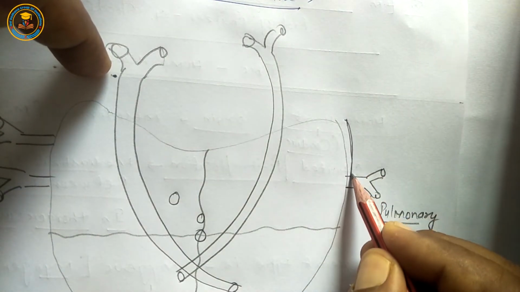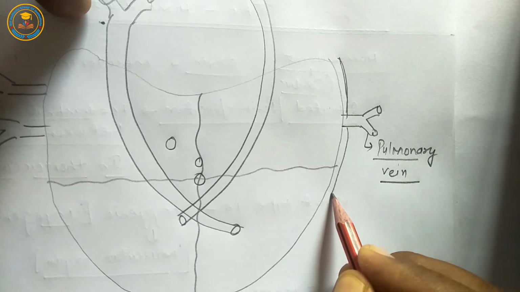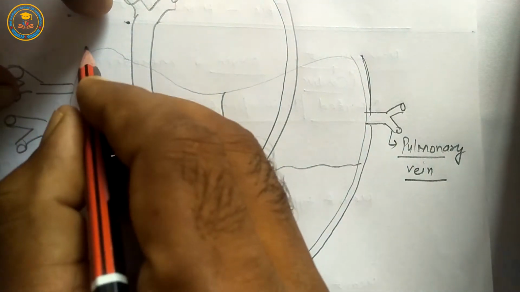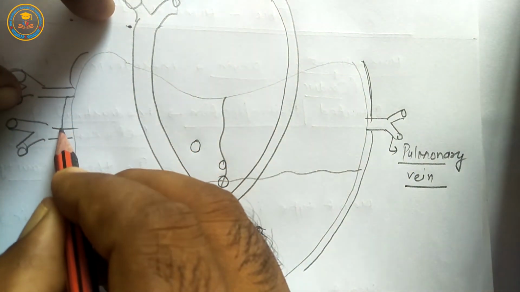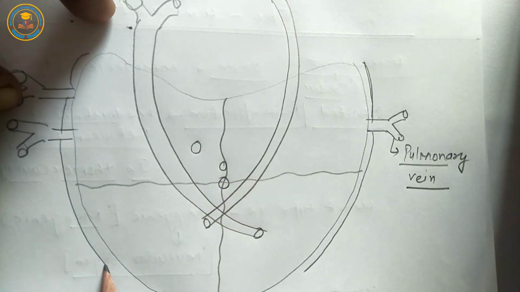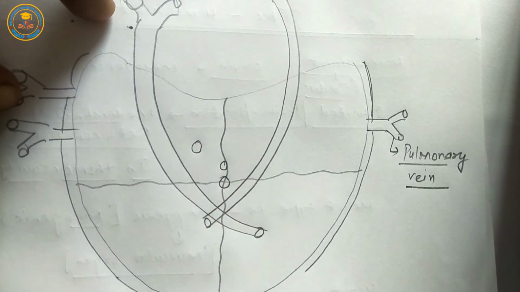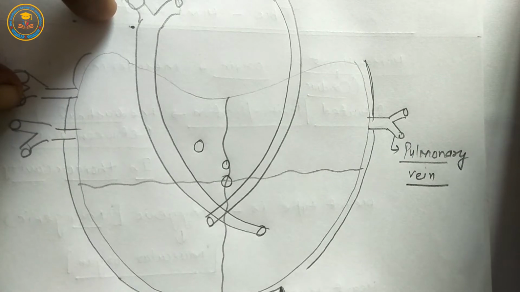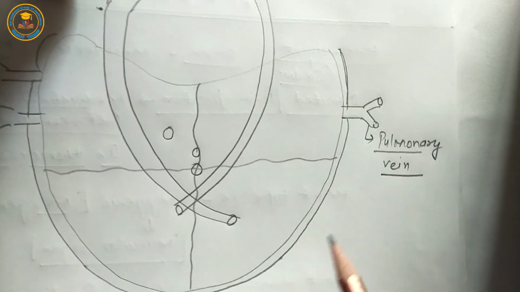Next is human heart wall. It is called cardium. Mostly three layers of cardium.